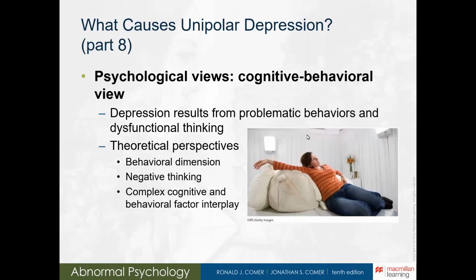Now we look at a cognitive behavioral view. The cognitive behavioral view says that depression results from problematic behaviors and dysfunctional thinking. Some of the theoretical perspectives look at a behavioral dimension, negative thinking, and complex cognitive and behavioral factor interplay.